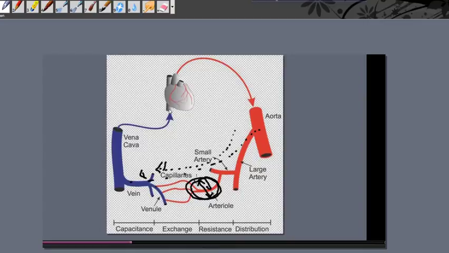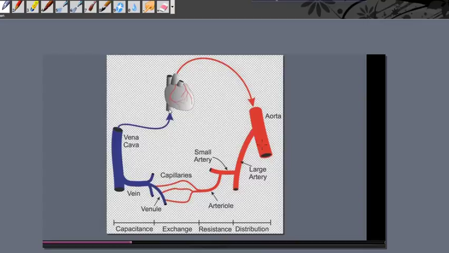So if your arteriole relaxes, there will be less blood in your major arterial system, and less blood will create less pressure. So when our arteriole relaxes, blood pressure in our major arterial system will fall, right?